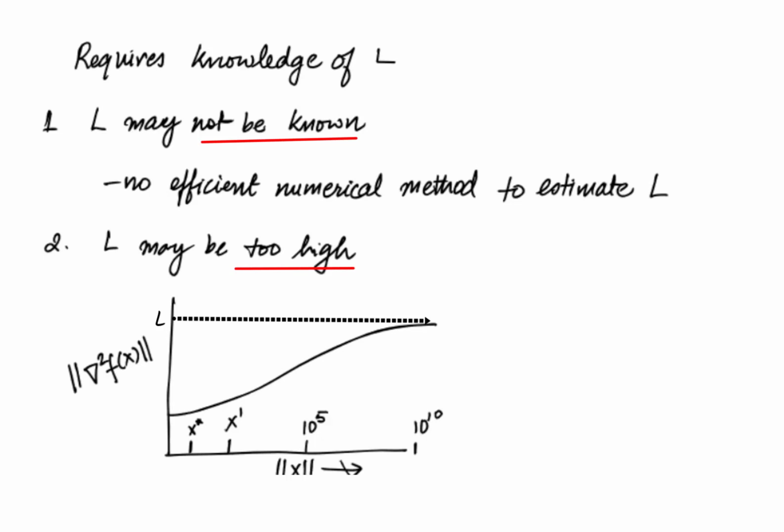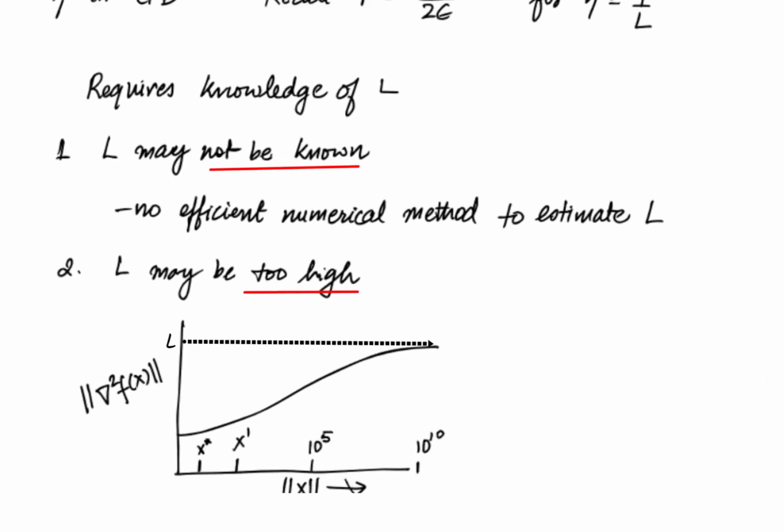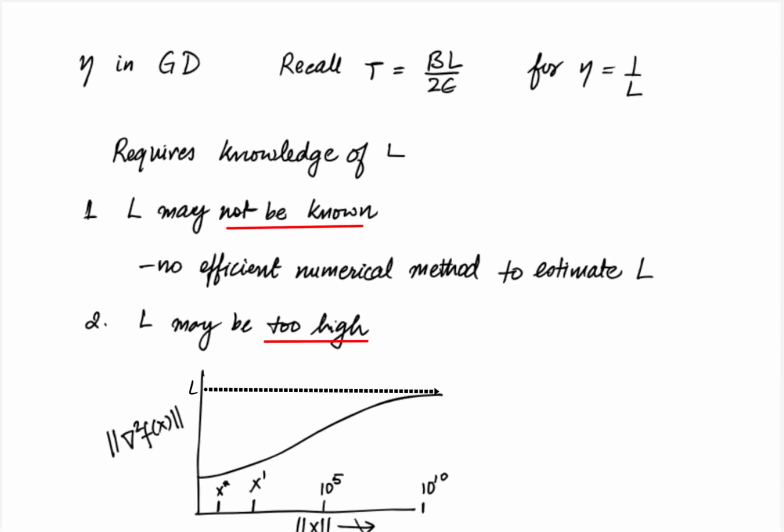So in other words, it is very likely that the iterates x1, x2 that are all generated by gradient descent are restricted to this region where norm of x stays small. So in such a scenario, it is unlikely that we will ever encounter a very large x while running the gradient descent algorithm. So these are the two reasons why we do not want the step size to be a function of L.